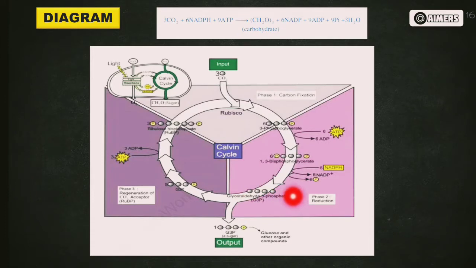The other 5 molecules of glyceraldehyde 3-phosphate then undergo complex reactions and rearrange themselves to make ribulose phosphate, and this ribulose phosphate now adds 3 phosphates by breaking 3 ATP molecules, and then it makes 3 molecules of 1,5-ribulose bisphosphate.